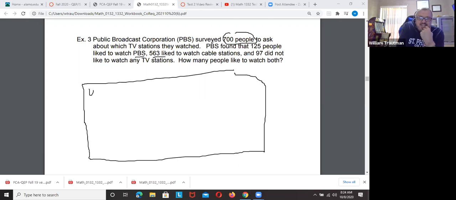Let's see. I'm trying to figure out which two circles. I need to do two circles about which TV station they watched. PBS found that 125 watched PBS. Let me draw it a little bit bigger. Sometimes it takes a little while to read these things. There's my PBS. 563 like to watch the cable station.